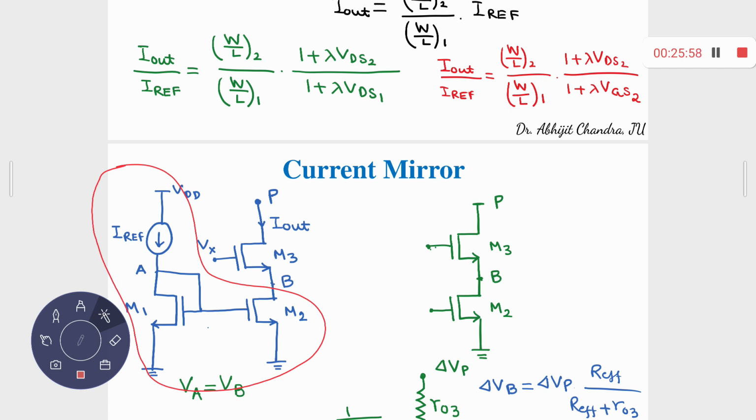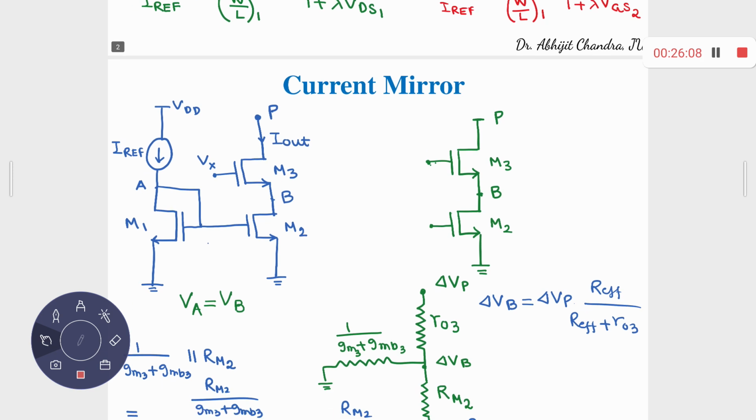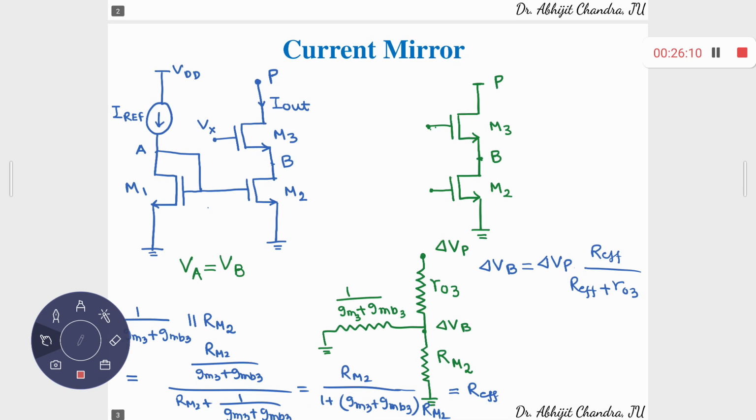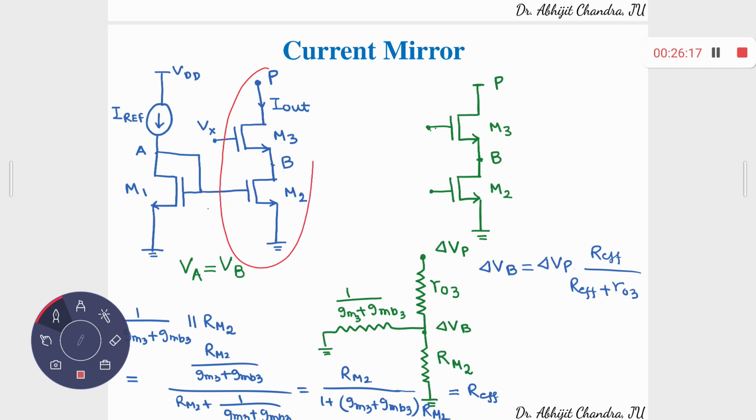You have to check this. How to check? For checking, I need to draw the corresponding small signal model of this part only. M3 experiences what? From P to B, you have this RO3.